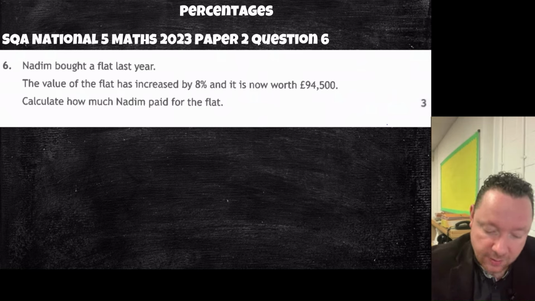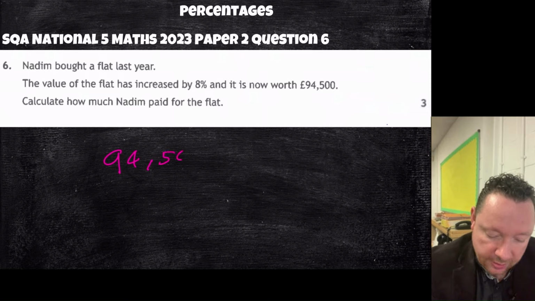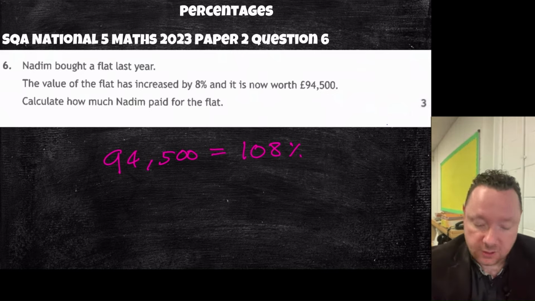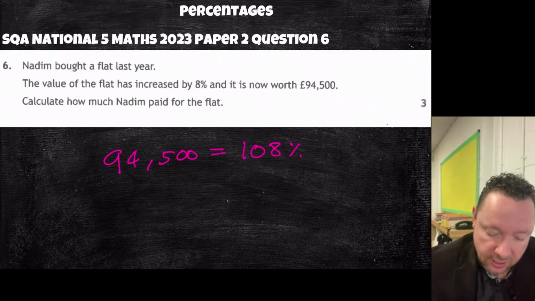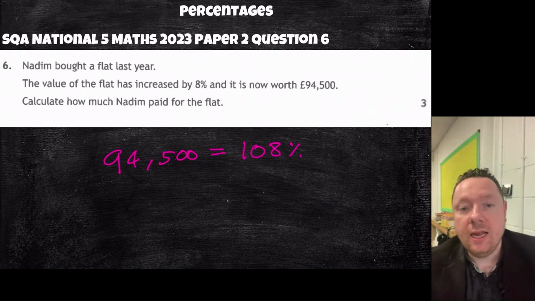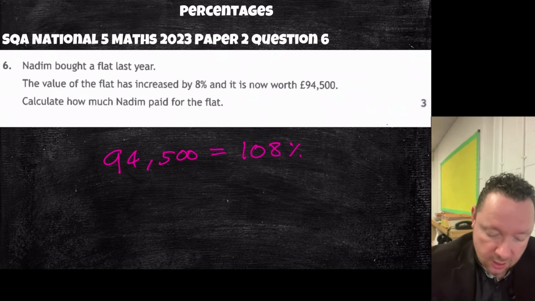So it's increased by 8%. So I know that 94,500 equals 108%. And I want to know what it was worth last year, so I need to go down to 100%. So to get to 100%, I just divide by 108 and then times by 100.